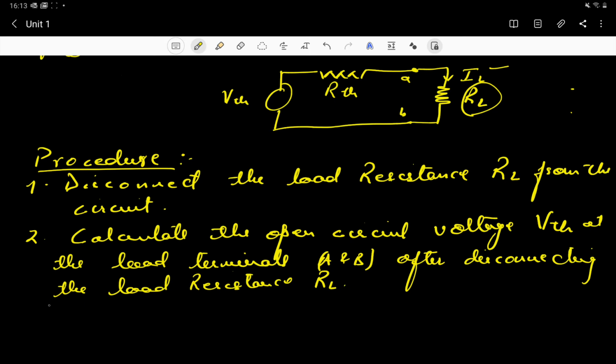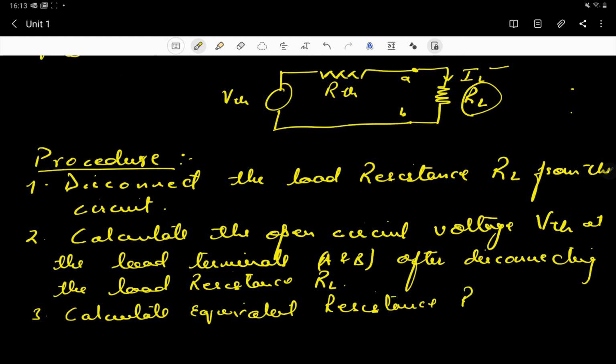Now next, third step, calculate the equivalent resistance RTH across the terminals AB.